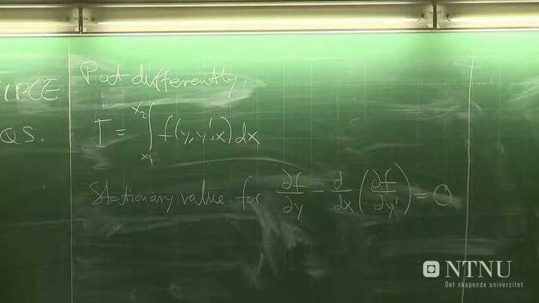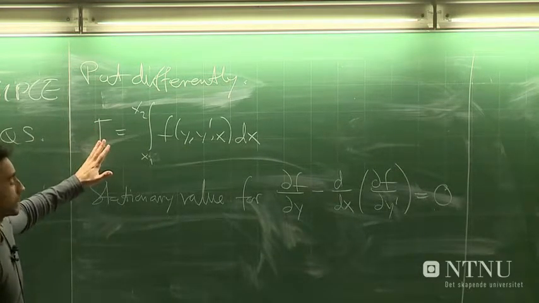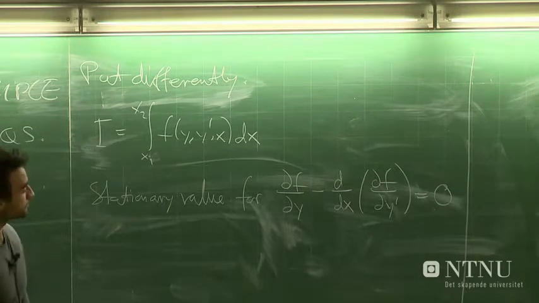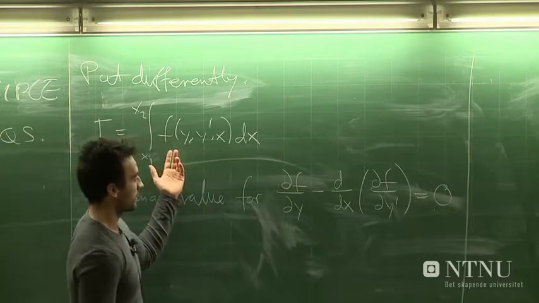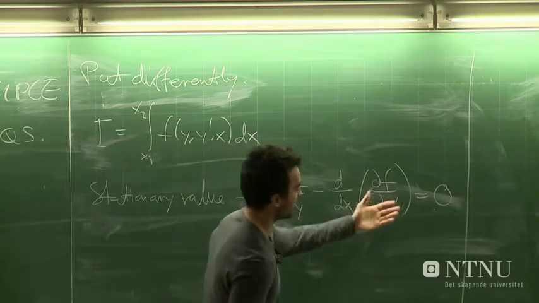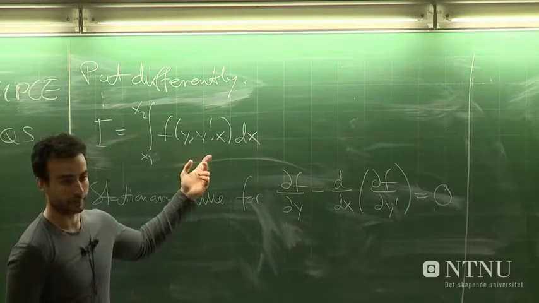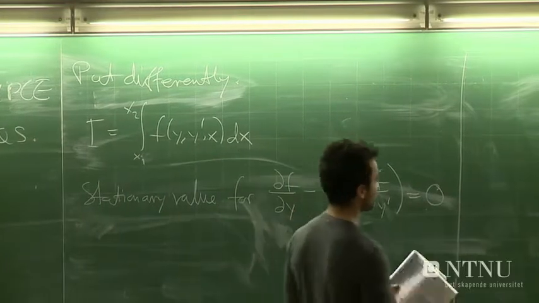Whenever you have a quantity which can be written like this, and you want to find the extremal value of this quantity, and this can represent anything, it could be a quantity in economics, for instance, what you need to do is to write down this condition for the relevant function. So let's take an example of that.